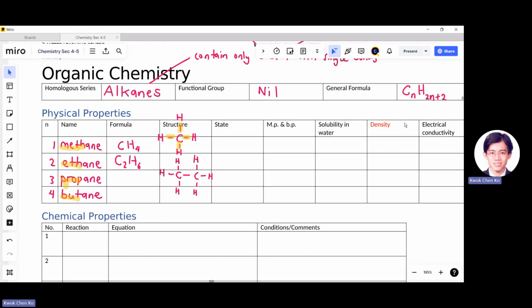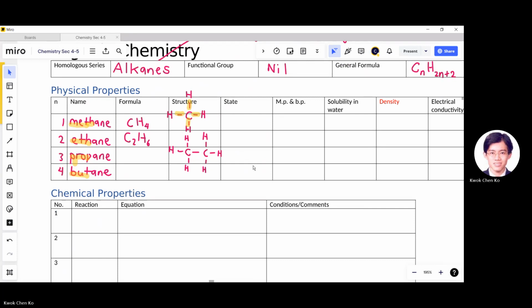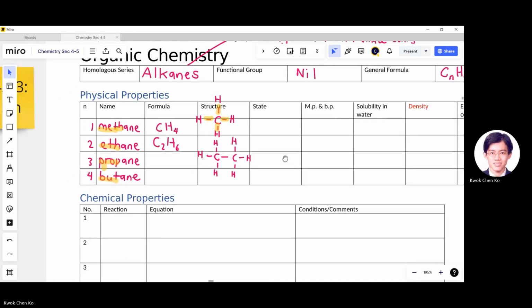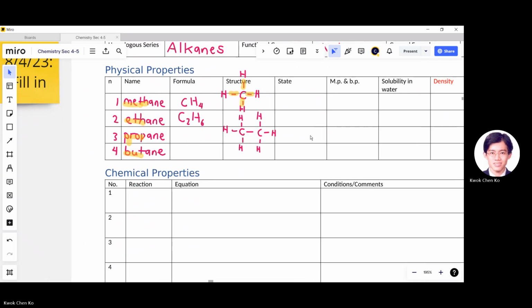Sub in n equals to 3, sub in n equals to 4. Make sure you can draw it when the time comes. All right, so make sure they're correct.